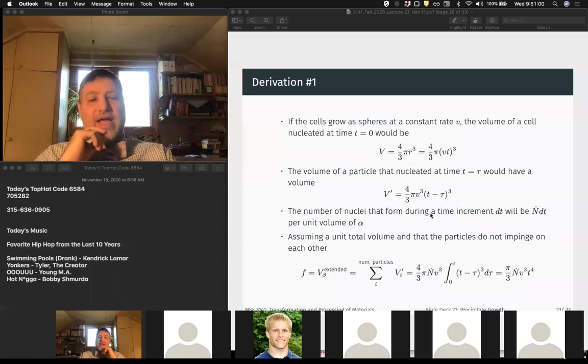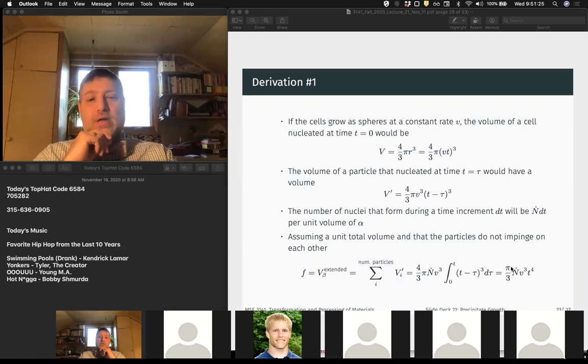So we're going to integrate this equation from t equals 0 to our current time, and what we get is pi over 3 times the nucleation rate times the velocity cubed times t to the 4th.